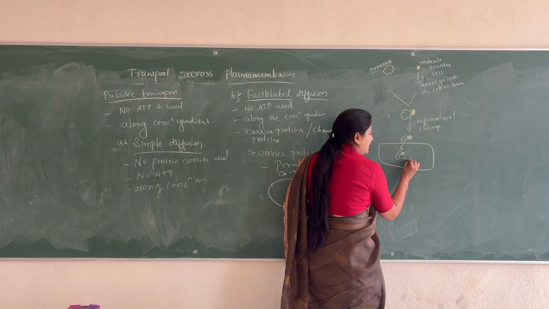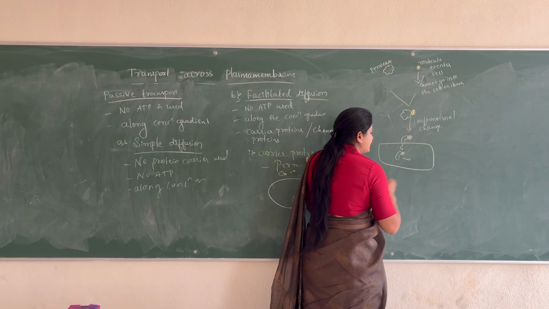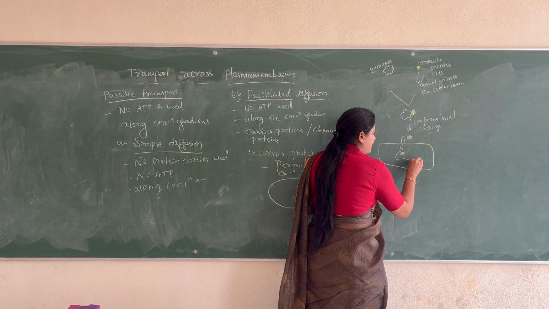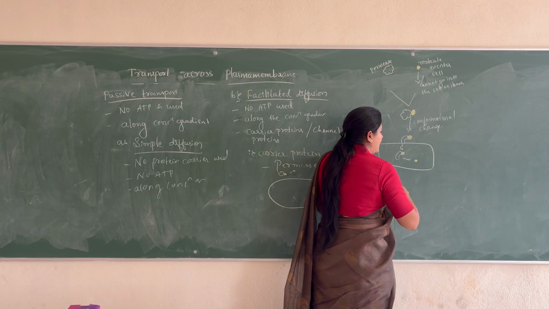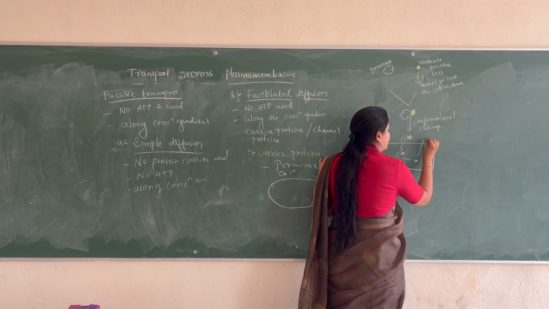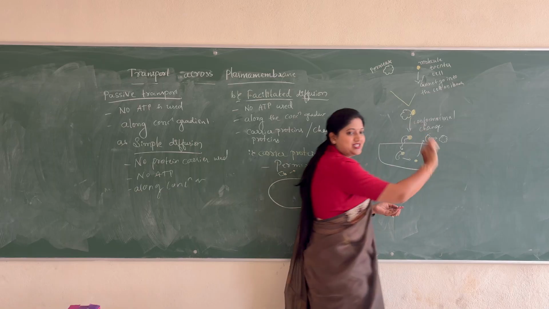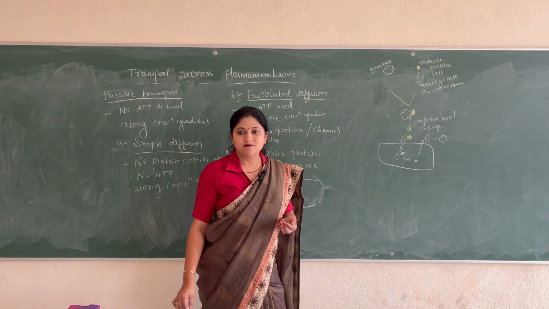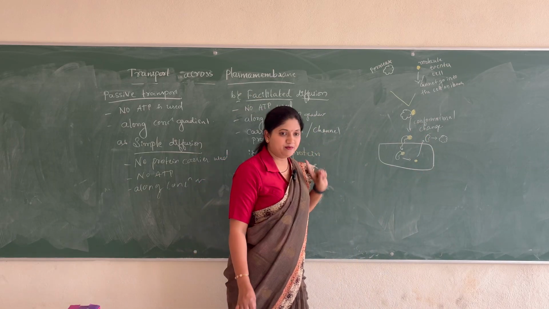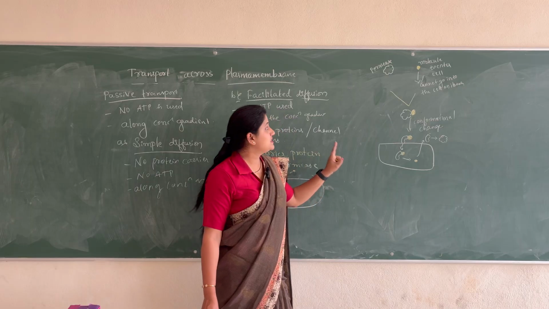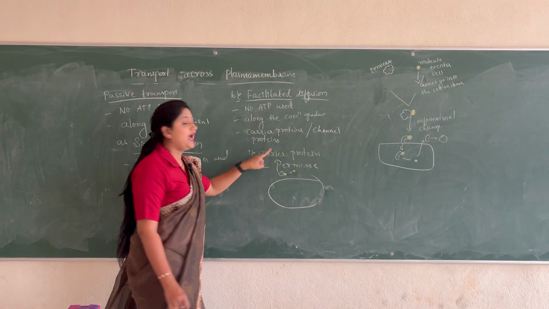Once it has entered the cell, it will release the molecule, and it goes out and comes back to its original shape. Okay, so this we call the carrier protein.